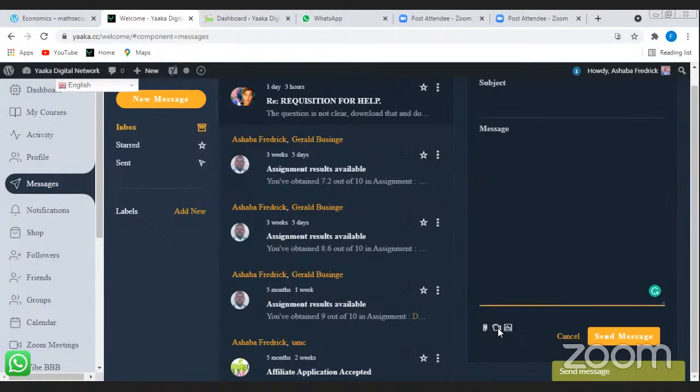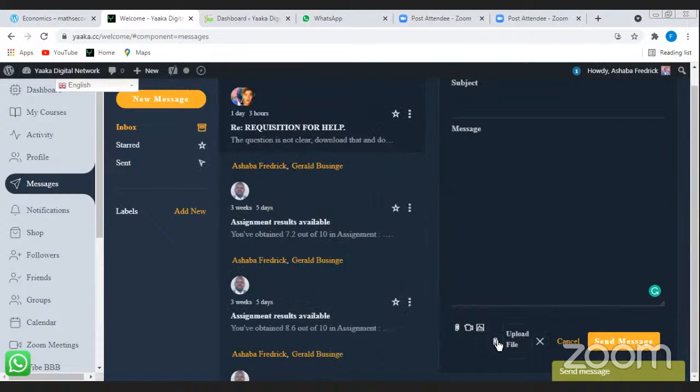Then after that you come here. Are you seeing these 3? This one is for if you want to attach a document. This one is for a video, and this one is for a photo or an image. So if you have typed your work, you click on this one. Then it brings upload file.